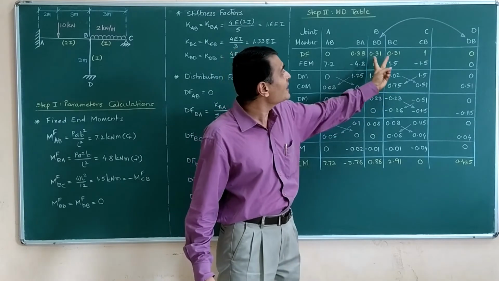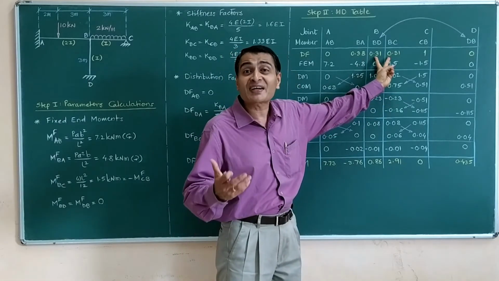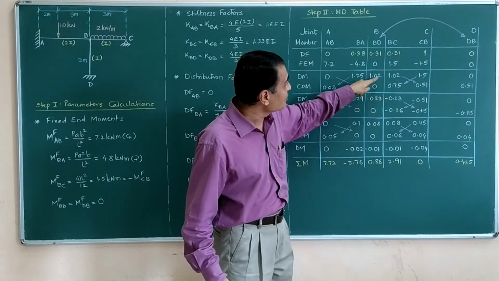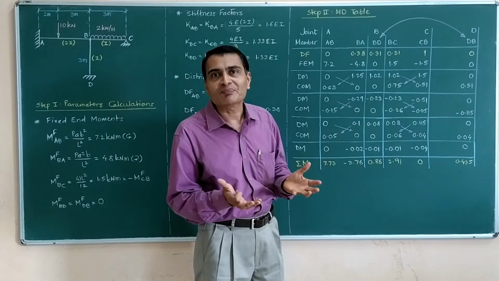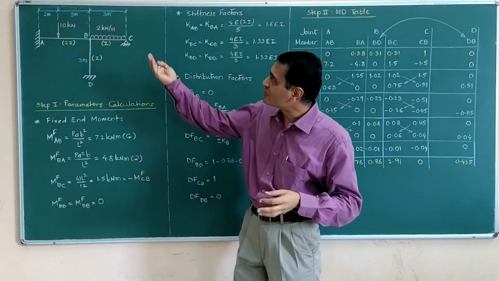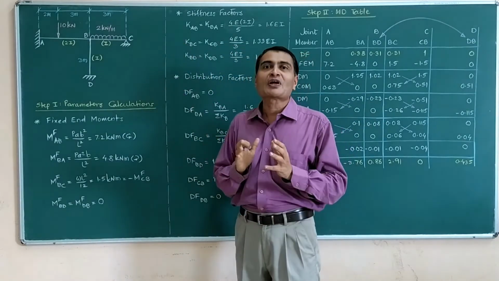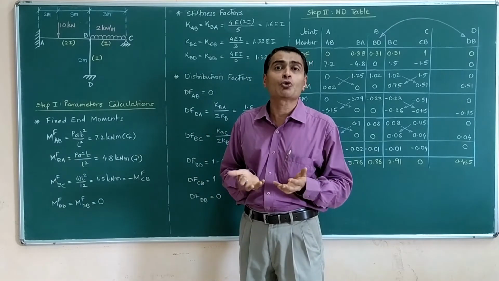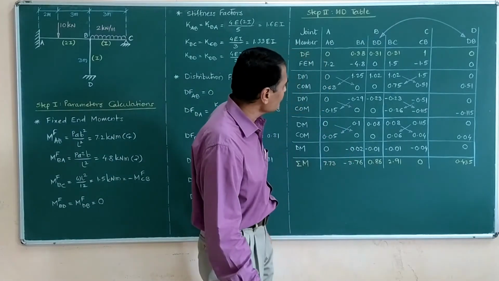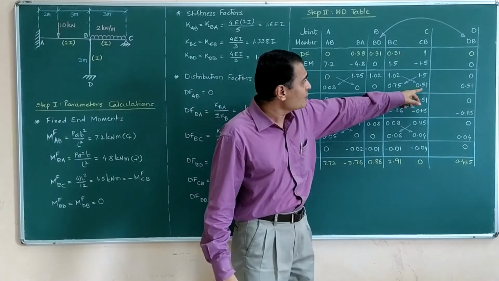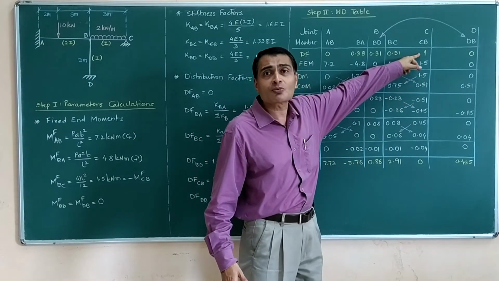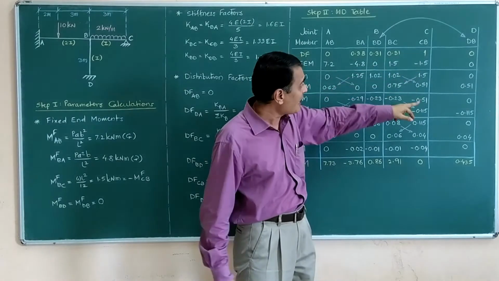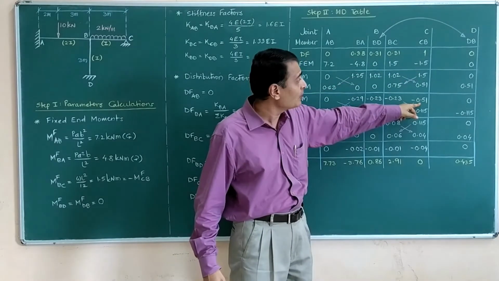Clearly you are observing that since these two distribution factors are the same, these values are also going to be the same, because in both those members, BC as well as BD, 31% of moment is going to be absorbed. Great. This is 0.51. So I apply negative 0.51 due to distribution factor being 1. I am getting here negative 0.51.